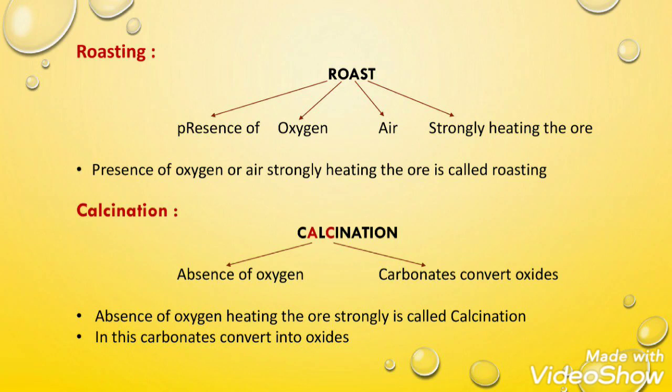Next, move to the second process, roasting. You can write roasting easily by the word roast. Roast, R means presence of, after R, O is there, oxygen, after O, A is there, oxygen or air.